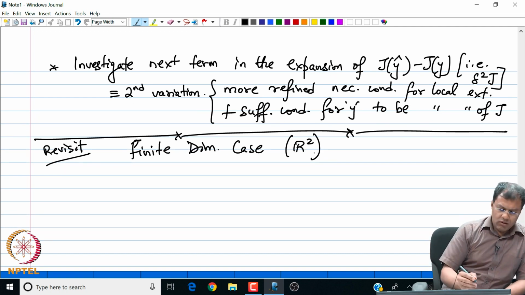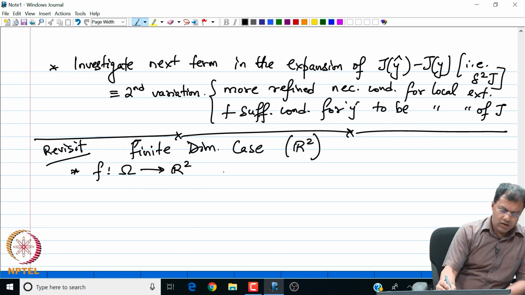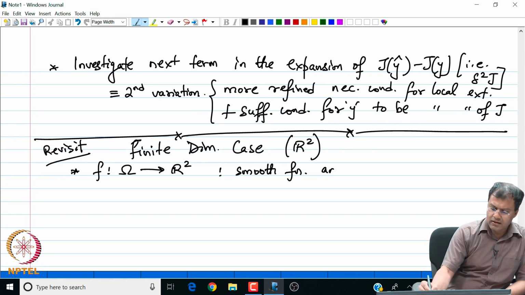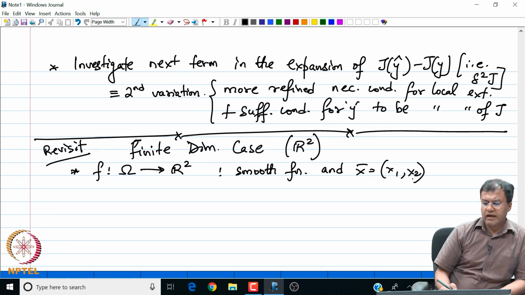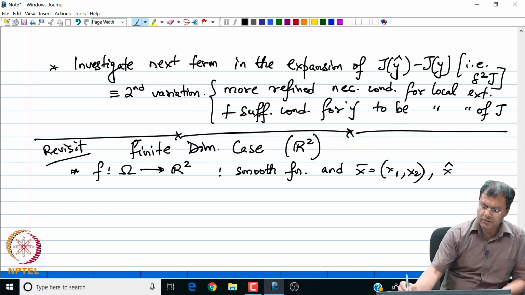Okay. So, let us consider a function f from omega to R, which is a smooth function, and let x bar, with components x1 and x2, be the extrema, and let us consider the perturbation in x.